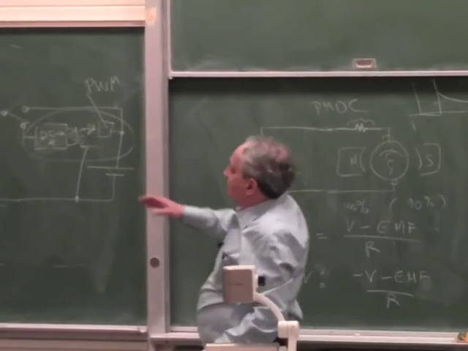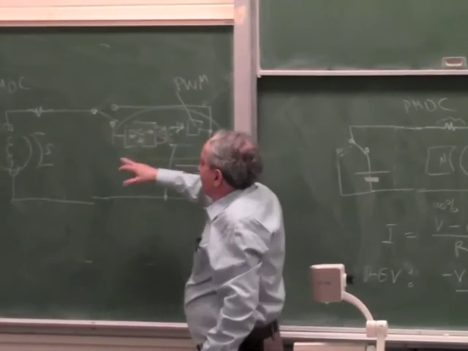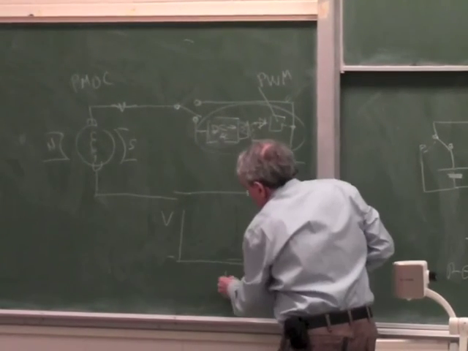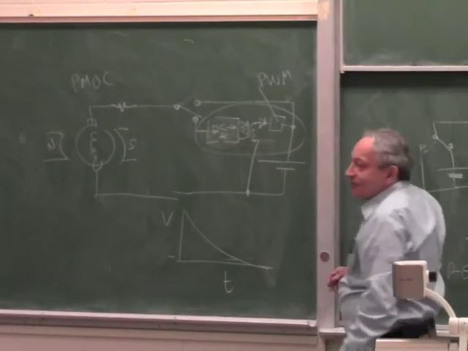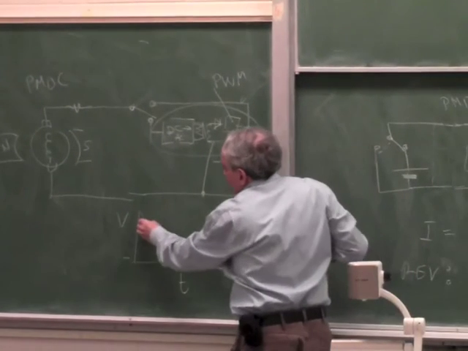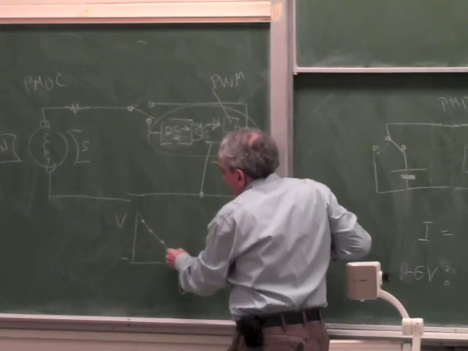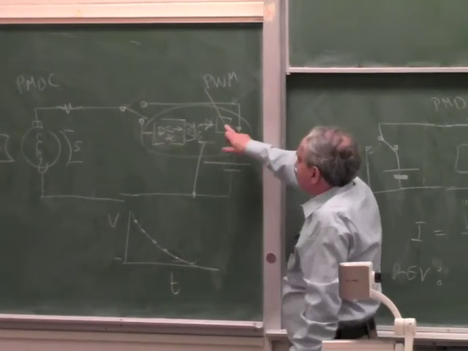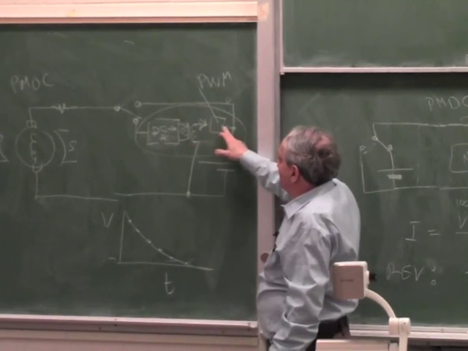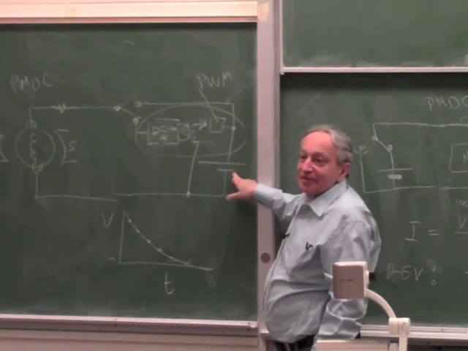Okay, so what happens when you put it on brake mode? When you put it on brake mode, the voltage versus time looks like this, because the motor is slowing down. But at any point here, you can capture the energy because you adjust the PWM. Because you want at any point in time this voltage to be higher than the battery.